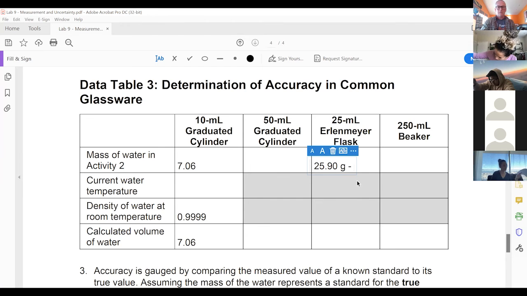All right, 44.54 grams. So my mass of water, oops, 18.64.